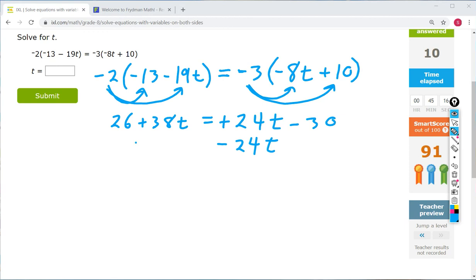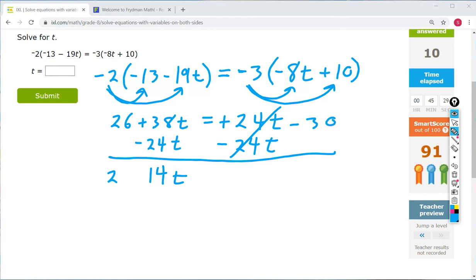So minus 24t cancels. We're going to get 14t here. So 26 plus 14t, because 38 minus 24 is just positive 14. So now I have 26 plus 14t equals negative 30.